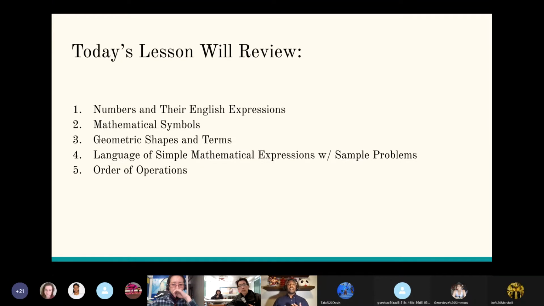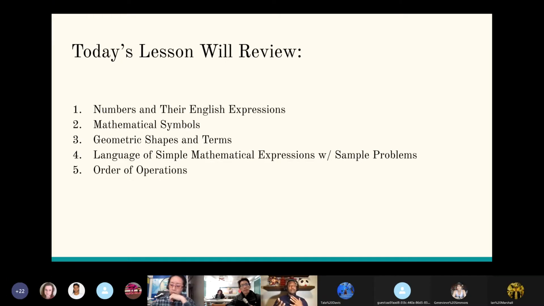So this is really going to be the heart of what this lesson will cover, just because it will show us how, if you are teaching a math problem or if you have an expression that you'd like to say, it'll give you ways to be able to say that. And last but not least, this was not in the original presentation that was sent out earlier today or last night, but it's just one extra slide that I wanted to go over about order of operations.